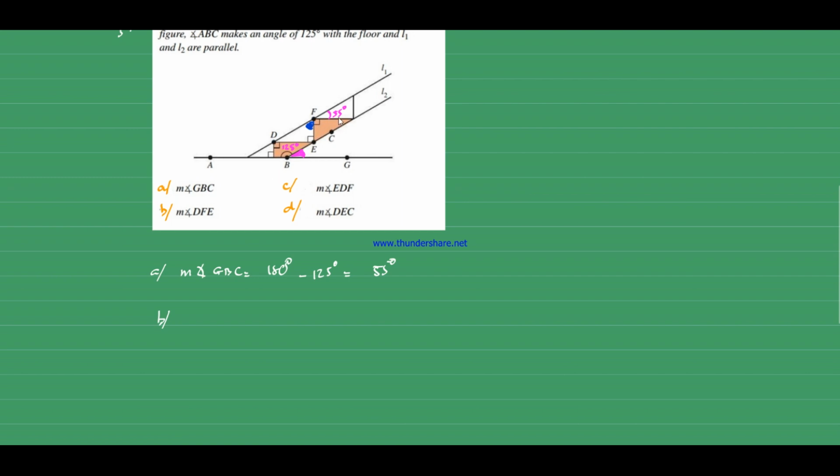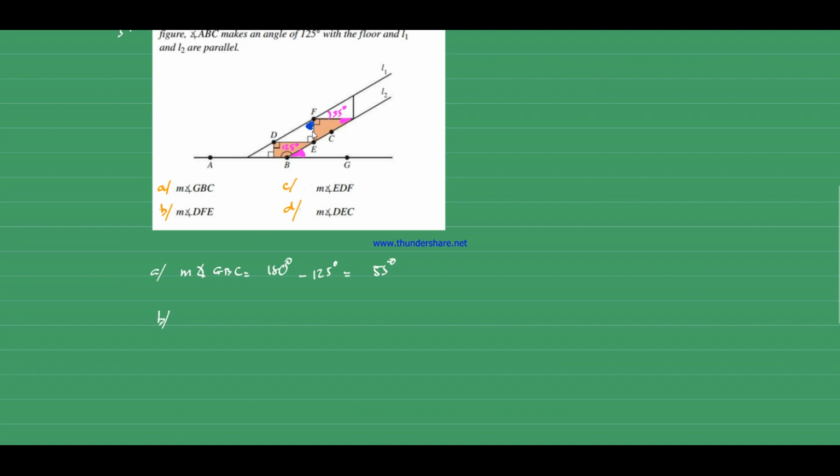Okay, you see that parallel? So this is equal to this interior alternate angle, and this one is equal to this one because it's also parallel. Yes, this is parallel to this, so this is equal to that. So this is 55.